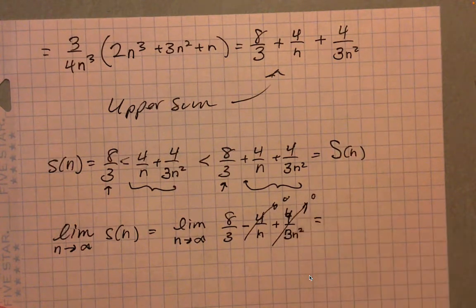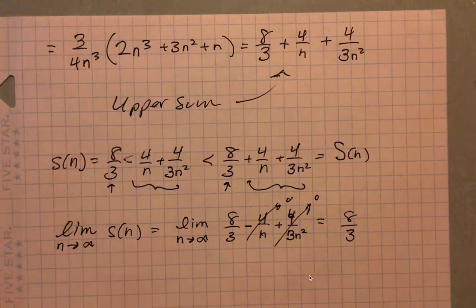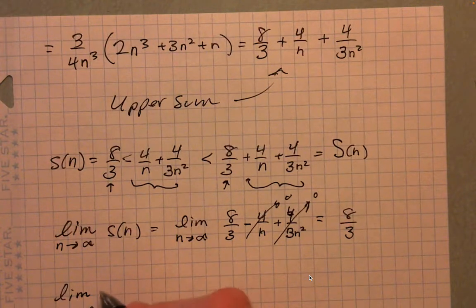This term is also going to go to 0 for the same reason, and so we get a limit value of 8/3. Right? So the lower sum will converge to the value 8/3 as n grows without bound. Does the same thing happen with the upper sum? It'd be nice if it did. Let's see.